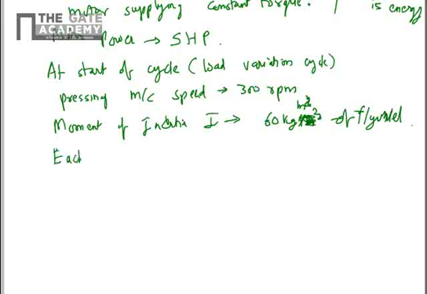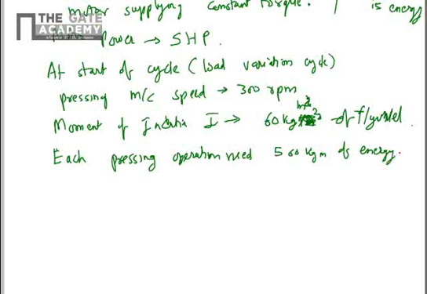Now it is provided that each pressing operation needs 560 kg meter or joules of energy. So we know from the job what kind of job we are doing. It requires this much energy and takes 1 second.